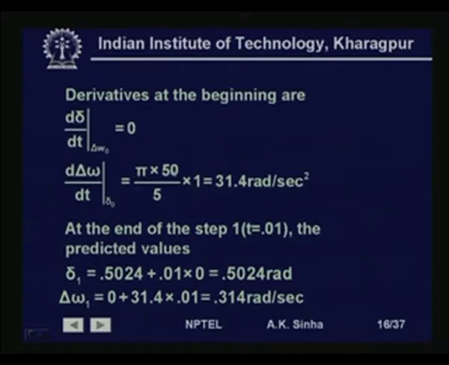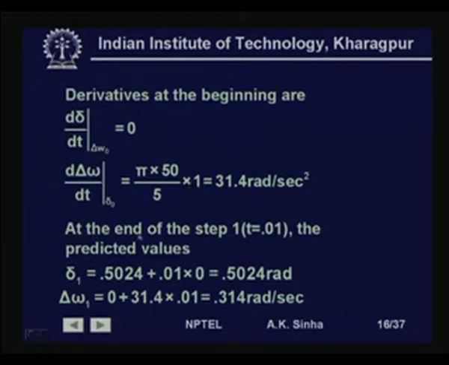So, this is pi into 50 by 5, H is 5, into Pa is 1 per unit. This comes out to be 31.4 radians per second square. So, we have got the slope for omega as 31.4 radian per second square.